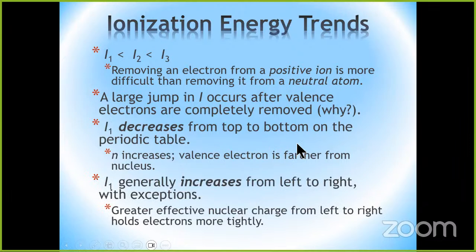Now, in terms of the first ionization energy, what you'll find is that as you go down any group, the first ionization energy decreases, right? And if you think about that, that makes sense as well. Because as you go down any group, the distance between the nucleus and the valence electrons increases, and therefore the valence electrons are not held as closely to the nucleus.